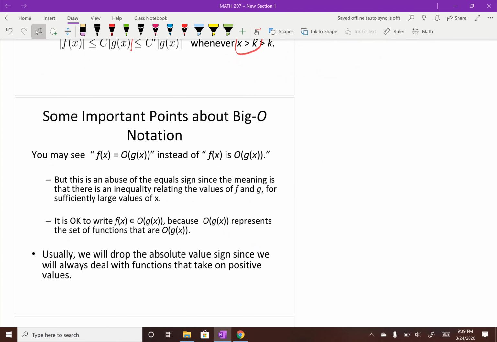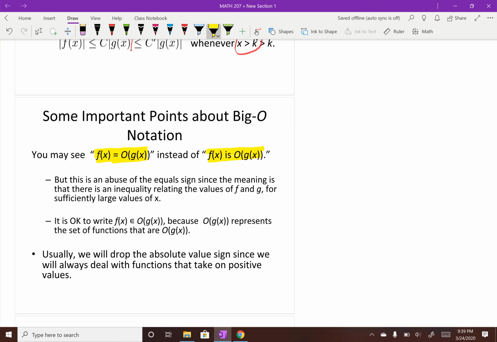In computer science literature, we have this slight abuse of notation problem. In many textbooks, you will see that the authors write that f of x is equal to big O of g of x, instead of saying that f of x is big O of g of x.